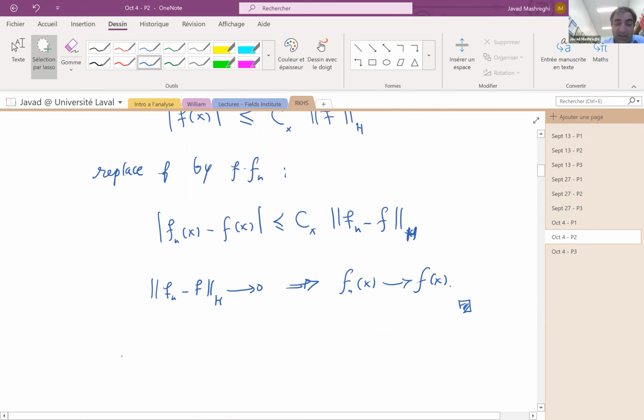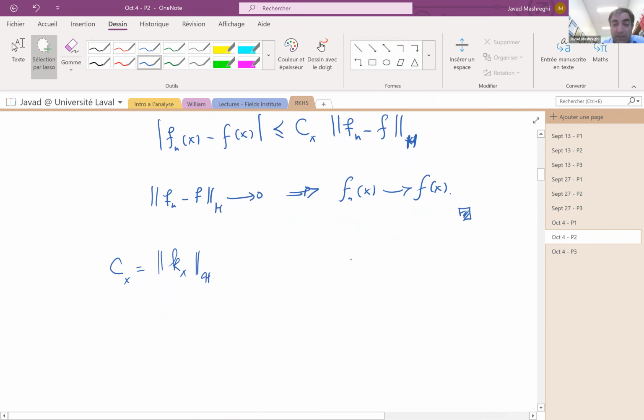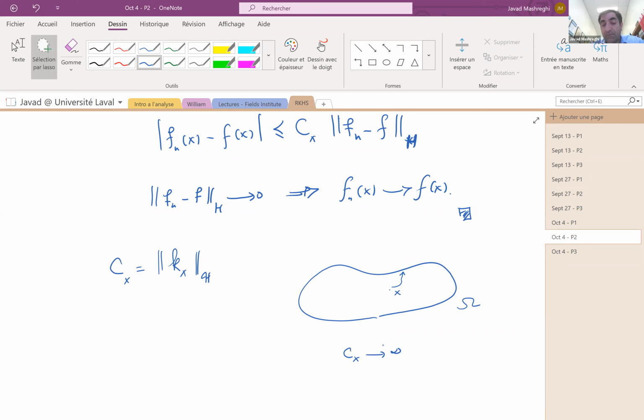Here, C of X that we had in the proof is the norm of Kx in H. Usually this is the case if we have a domain omega like this and X goes toward the boundary, usually Cx goes to infinity. In other words, we do not have a uniform bound for all reproducing kernels.